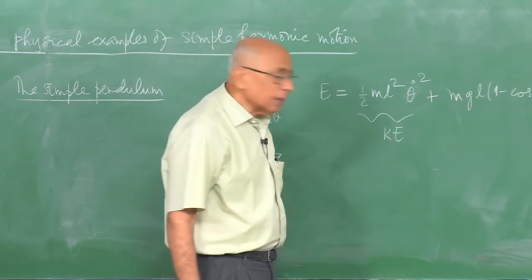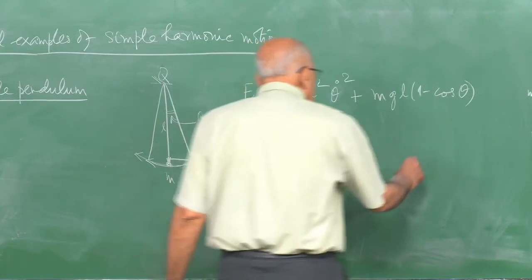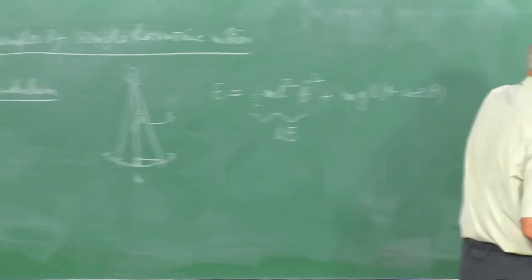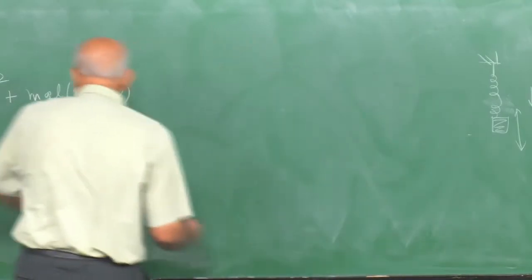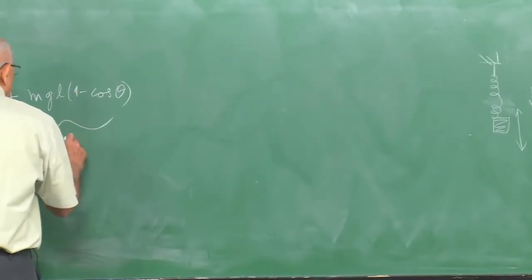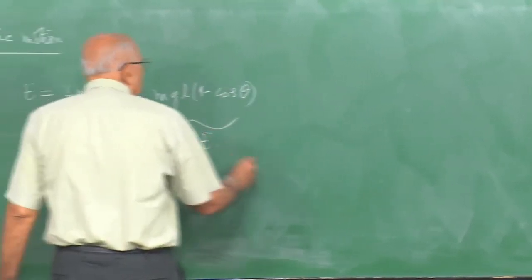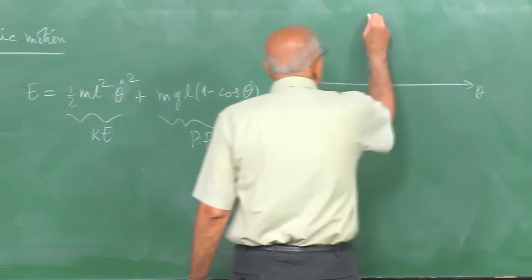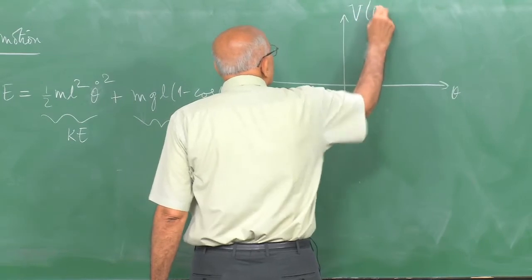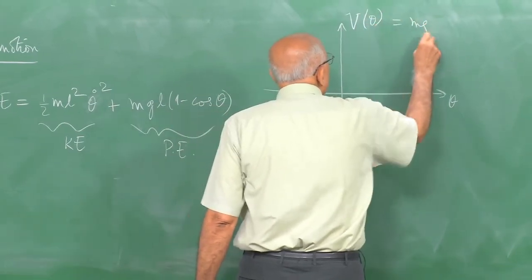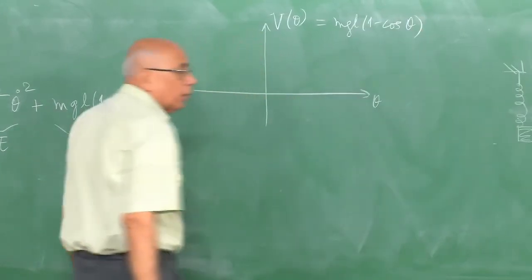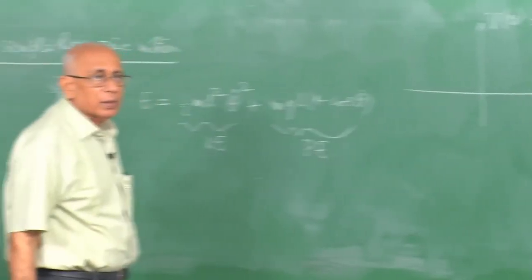But we can see physically what sort of motion it is by this procedure of plotting the potential energy, which is what you should always do. So this is the potential energy, and we should plot, here is theta and here is V of theta, which is mgL into 1 minus cos theta, as a function of theta.